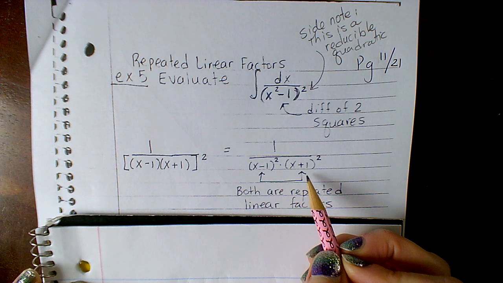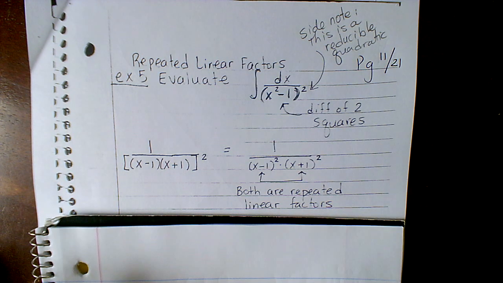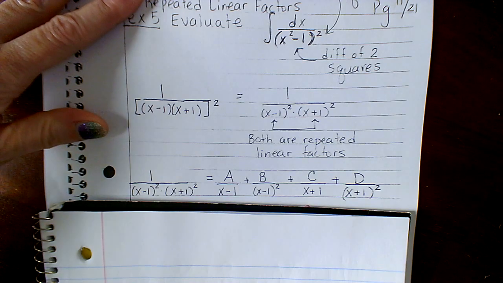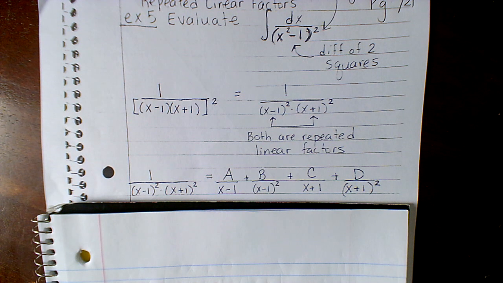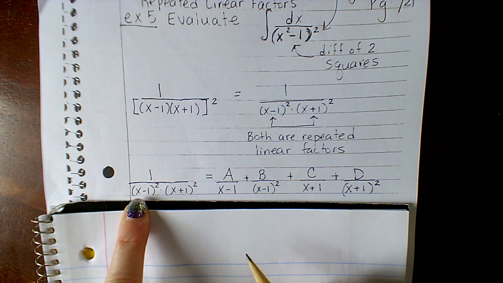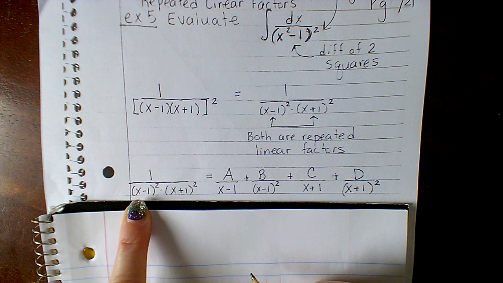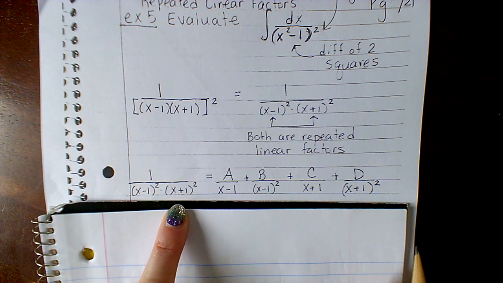I'm going to have A, B, C, and D. A and B, and then C and D. Yeah, it's a lot. It's just going to be really tedious to do here. So the A and the B are for my repeated x minus 1 linear factor, and then C and D are for my repeated x plus 1 linear factor.